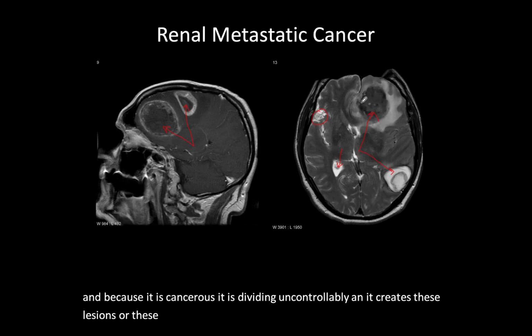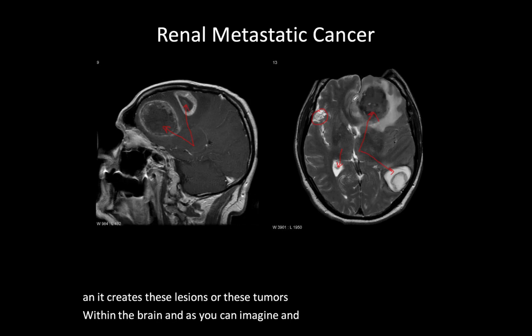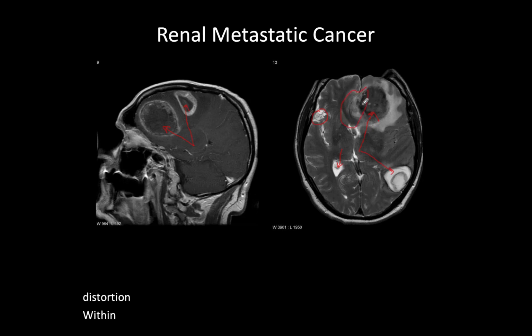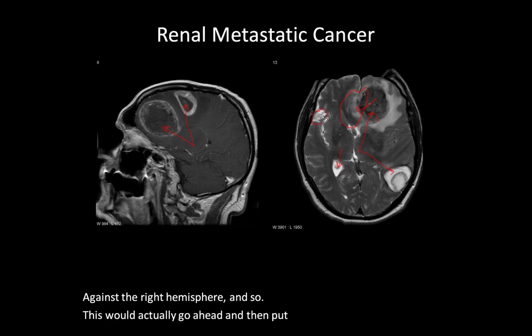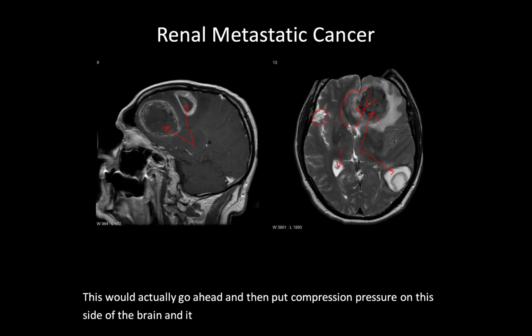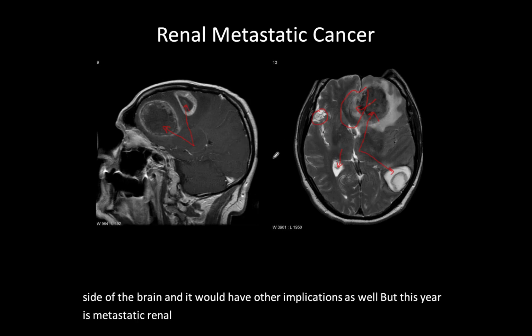And as you can imagine, you can see the distortion within the left hemisphere right here, where that left hemisphere is now being pushed against the right hemisphere. And so this would put compression pressure on this side of the brain, and it would have other implications as well. But this here is metastatic renal cancer of the brain.